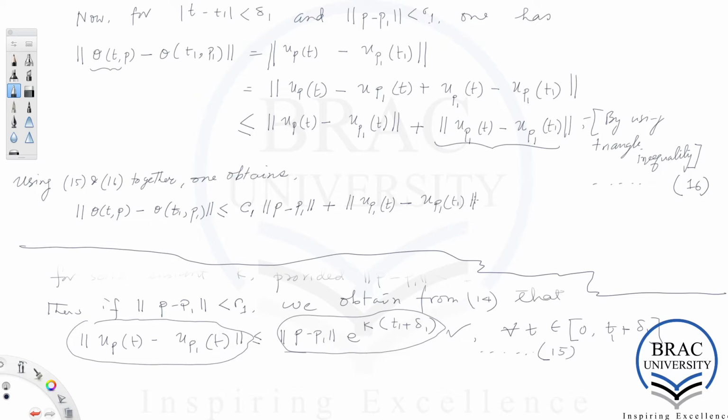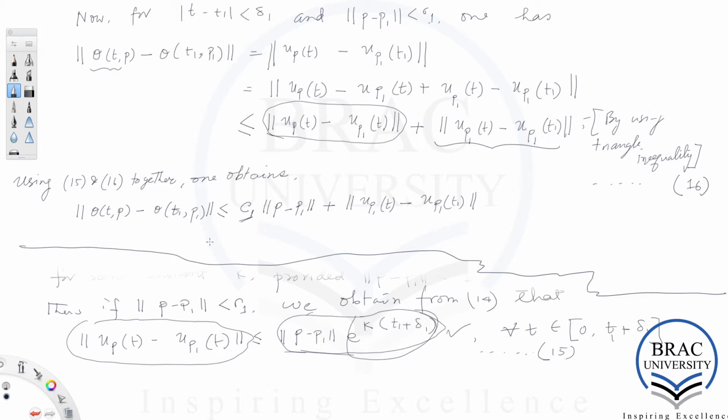So this was 15: the first summand here is less than or equal to this expression, so that's what we are writing. We have chosen C1 to be equal to this exponential factor.